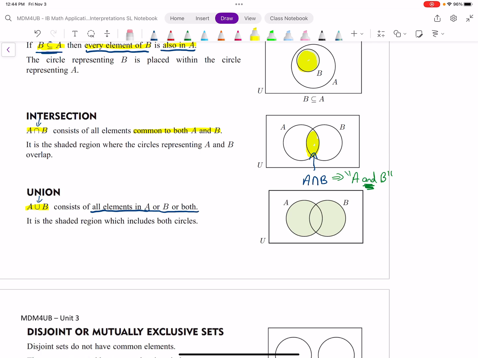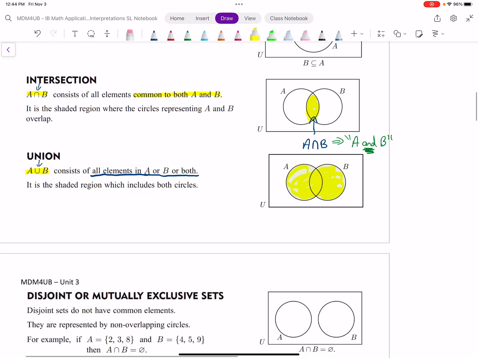And so shaded would be everything, the overlap and so on. So this union is really A, we say, "or" B, A or B, which is the equivalent of A union B. So one of A or B or both.